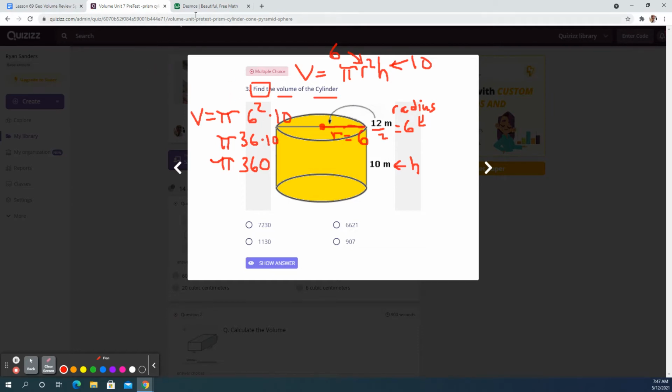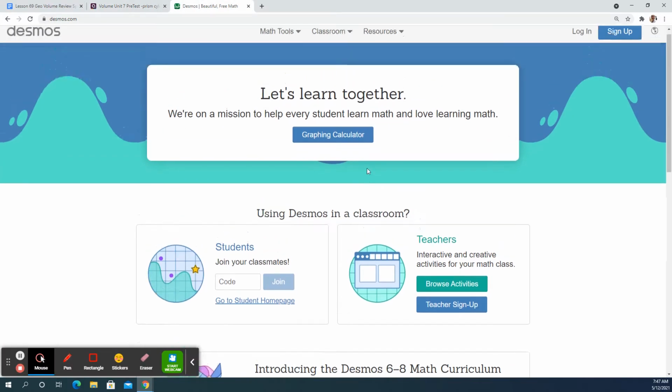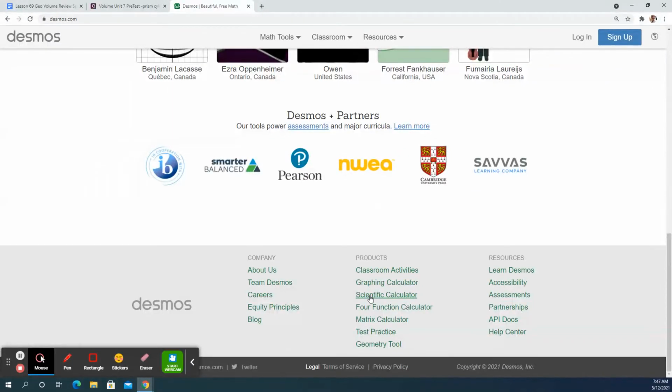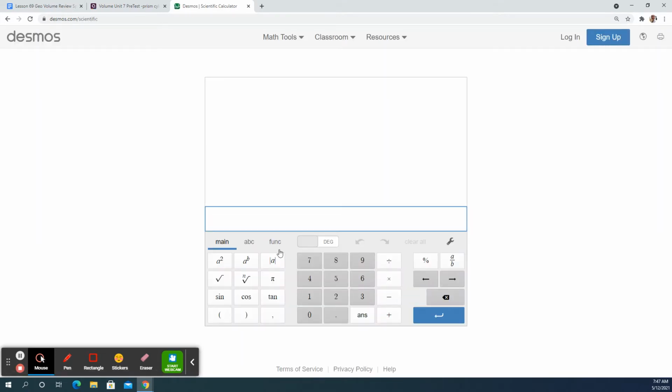Then we'd go ahead and look at the calculator. We'll need to use it this time. Scientific calculator. And it is 360 times pi. 1130.97.